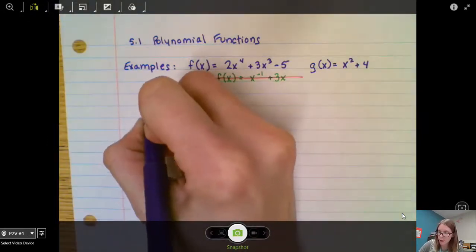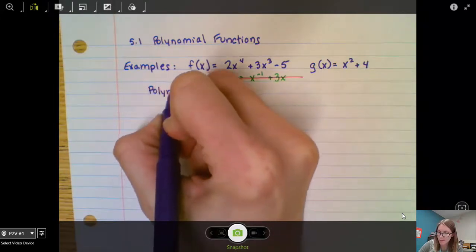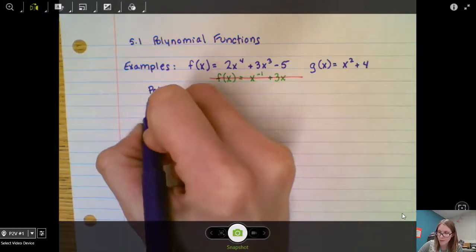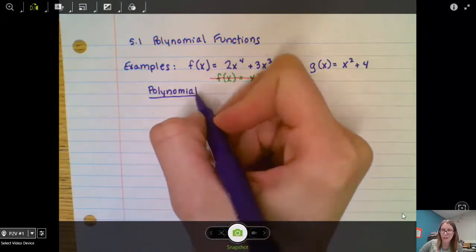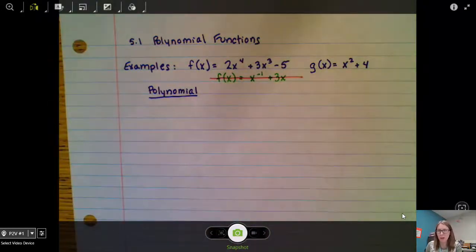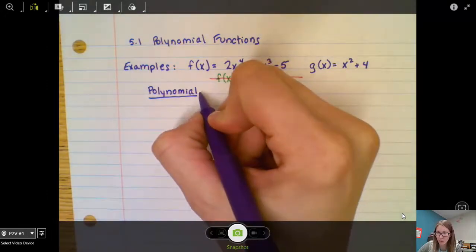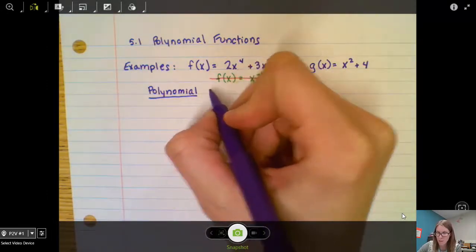So a polynomial, and we've seen that part of the word nomial before. Nomial is our number of terms. The binomial is 2 terms. A polynomial is many terms.